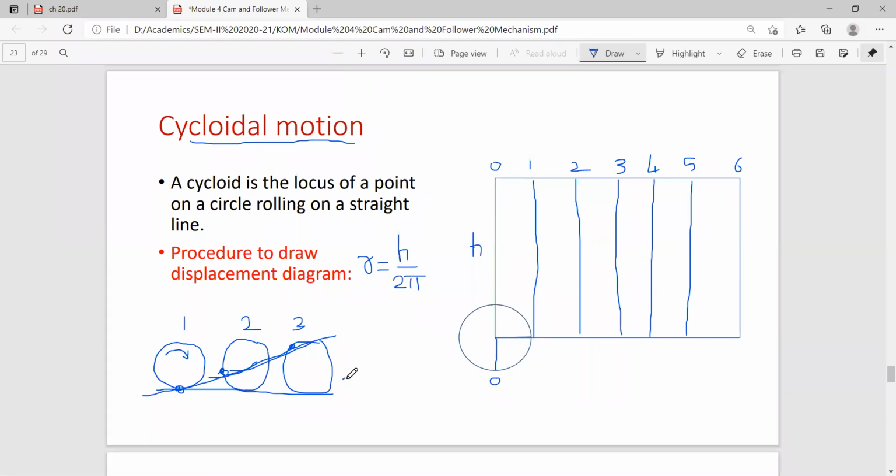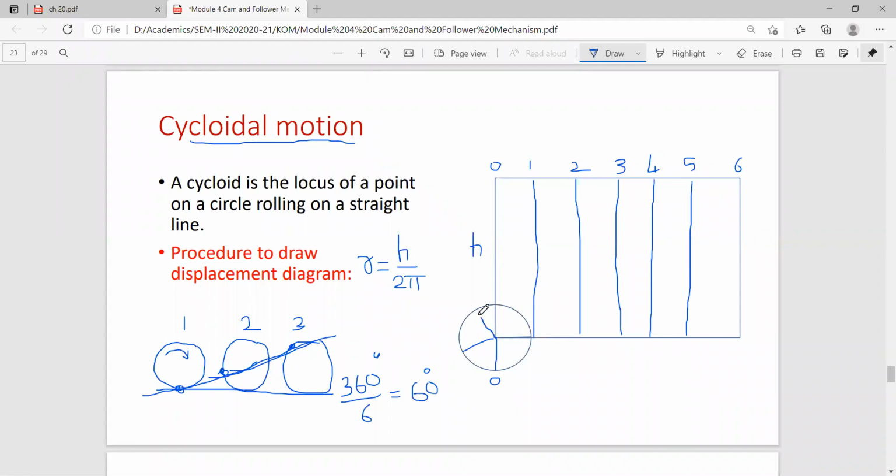A circle is your 360-degree angle. You have to divide it into 6 equal parts, meaning each part will be a 60-degree sector. So take 60 degrees. It will be 90 degrees somewhere. You have to take it with a compass when you will be solving the numerical. When you will be noting down, no need to use the compass.